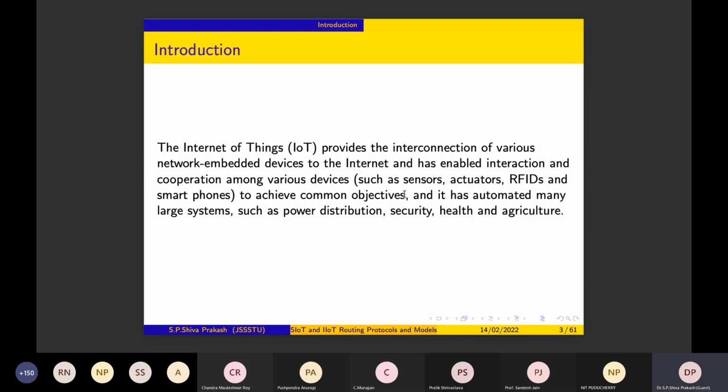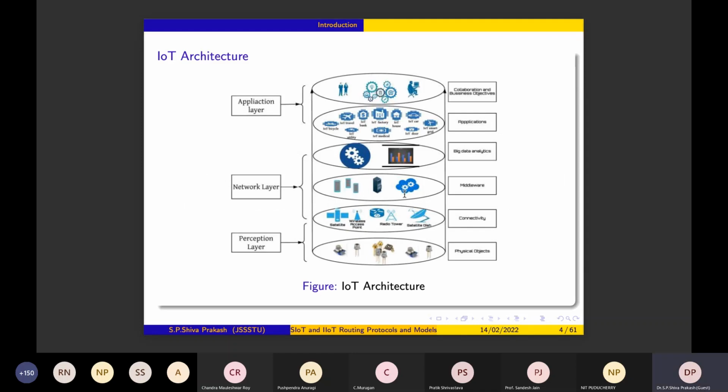Now, if you look into the IoT architecture, we can see that there are three basic layers, where, as researchers, we can keep adding and propose a new layer. Here we have a perception layer, a network layer, and an application layer.